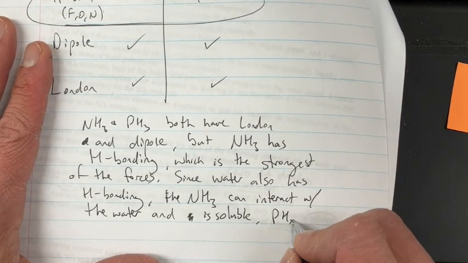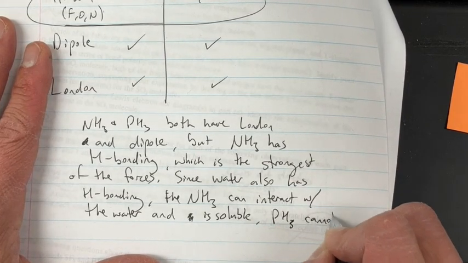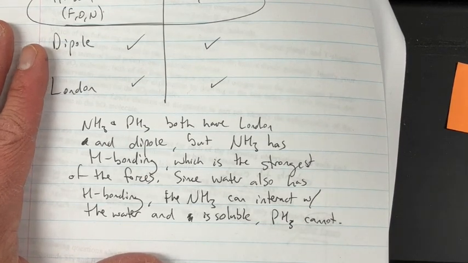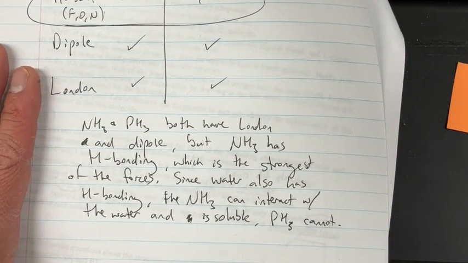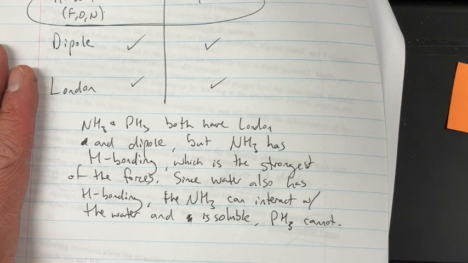PH3 cannot. Okay, so that's how you want to think about these problems. Make sure you're thinking about what types of elements there are, writing about interactions, either ionic bonds or covalent bonds, figure out if I need to draw a dot structure, and go from there.